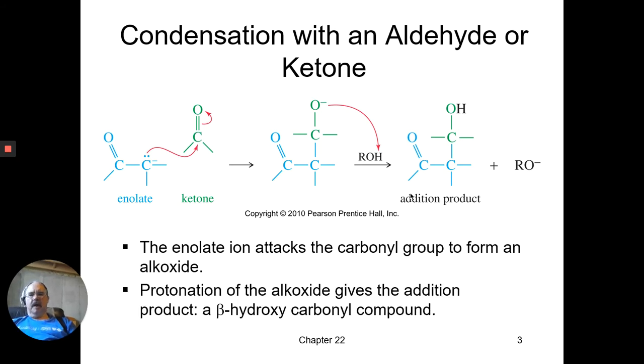This addition product now is a beta hydroxy carbonyl compound. And this goes back to the idea from our chapter on aldehydes and ketones, that aldehydes and ketones tend to undergo addition.